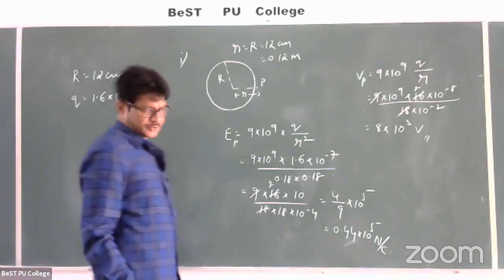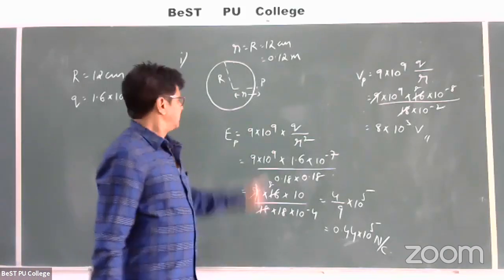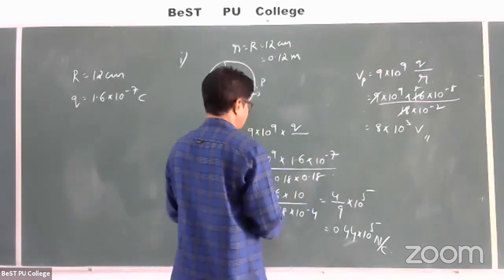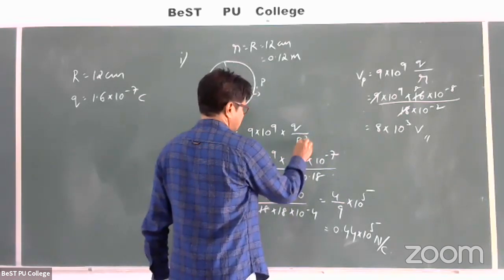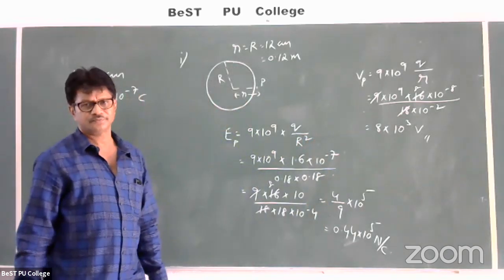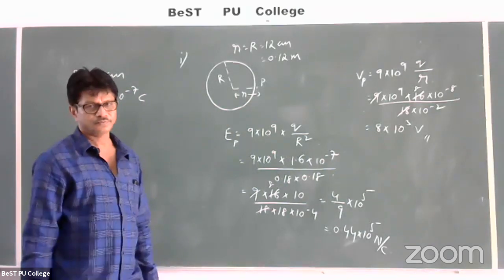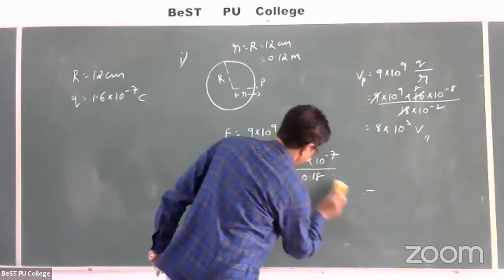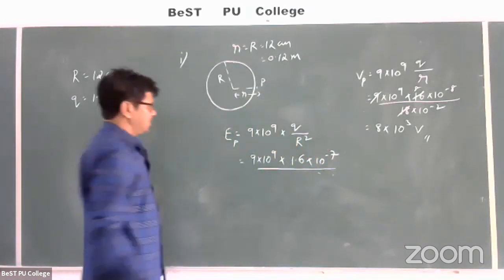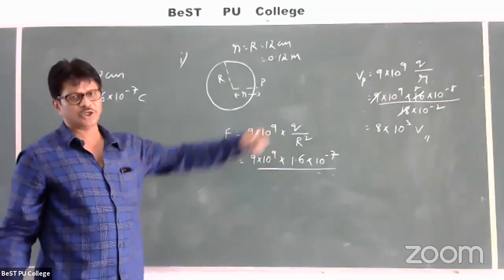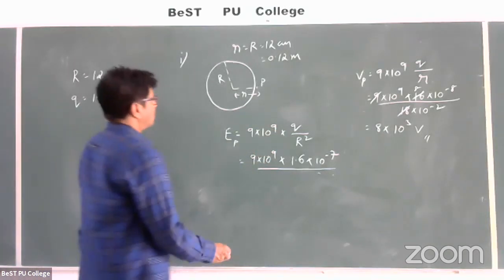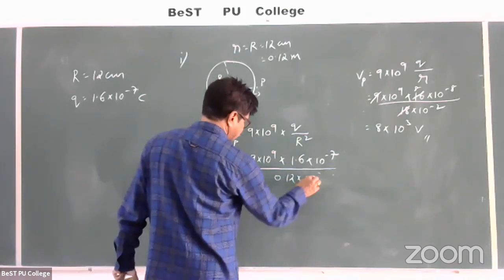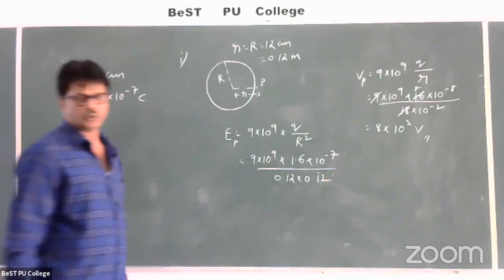Now the same procedure. Electric intensity at P is 9 into 10 to the power of 9 q by capital R square. The q value is 1.6 into 10 to the power of minus 7. The R value is 12 centimeter, squared, so 0.12 into 0.12.